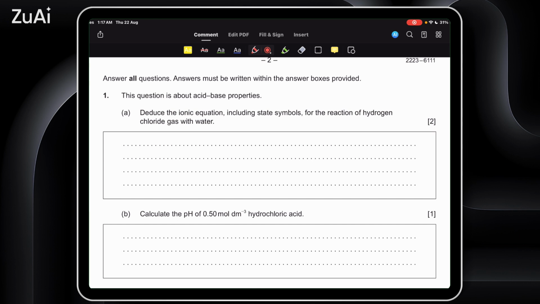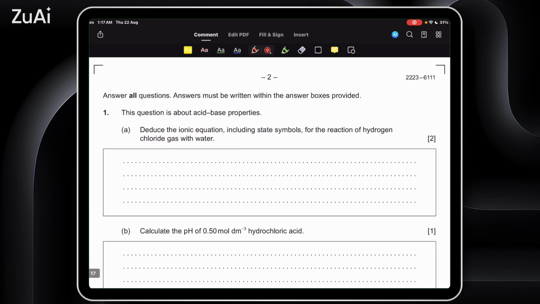Deduce the ionic equation, including the state symbol for the reaction of hydrogen chloride with the water. So hydrogen chloride, which is HCl aqueous, whenever it reacts with water, what happens? It generates chloride ions plus H3O+ aqueous.